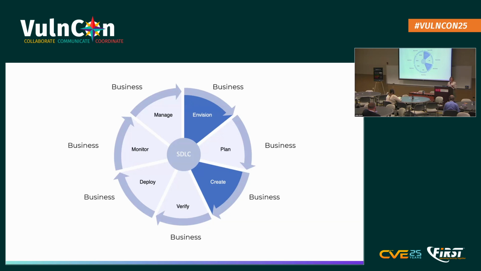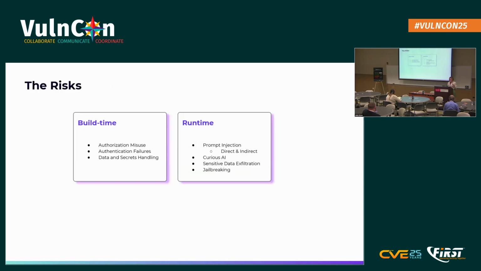So what risks are introduced through that? We typically split these risks up into two categories, especially because now we're talking about AI agents. So you'll see the runtime risk. There's a lot of agentic focus in there, AI focus in there. But build time is really where the story starts. So these are the choices that are being made when you put together the Legos to make this application. It's the actual radio dials.